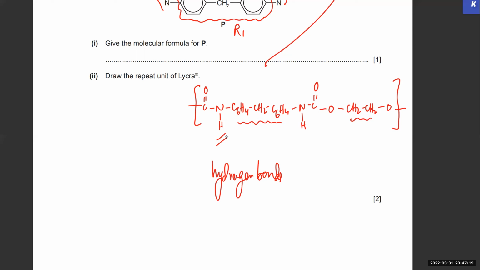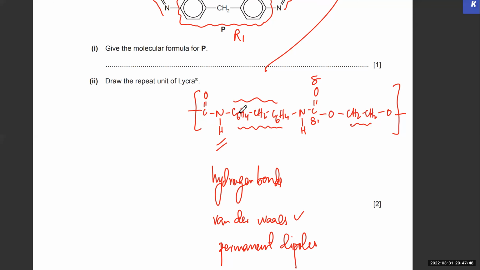Okay, you've got this bunch which is non-polar, so you've got Van der Waals force. You've got all types of forces actually. Even the C double bond O is polar, so you've got permanent dipoles as well. Van der Waals forces are always present. But the strongest one is definitely the hydrogen bond.